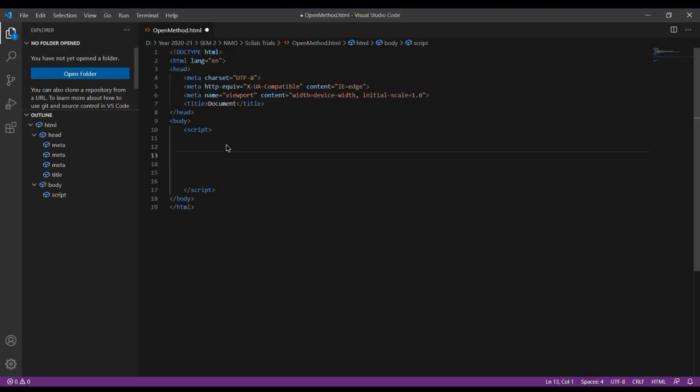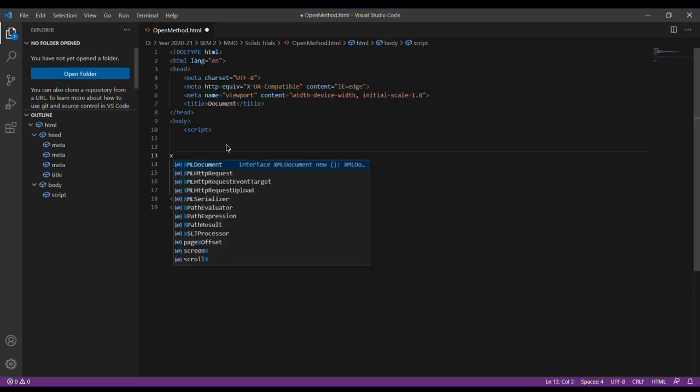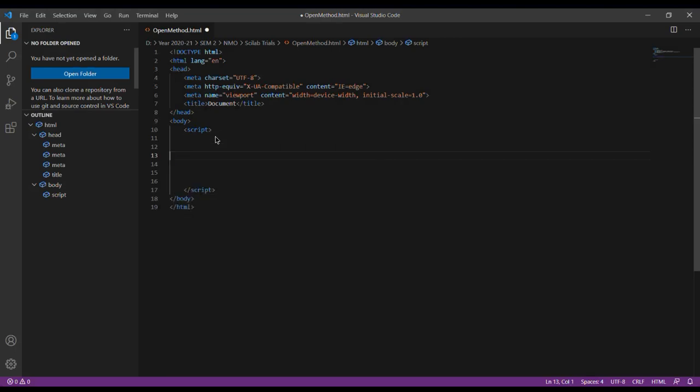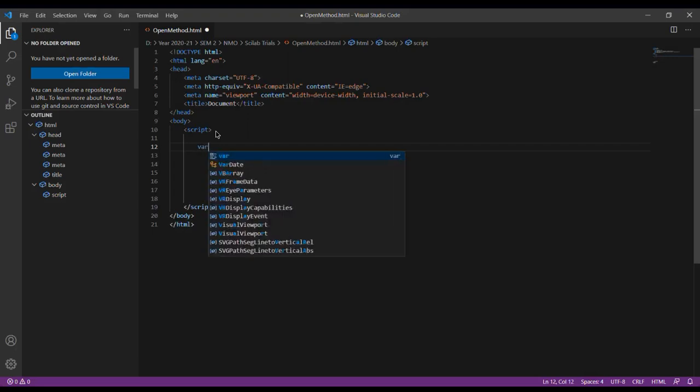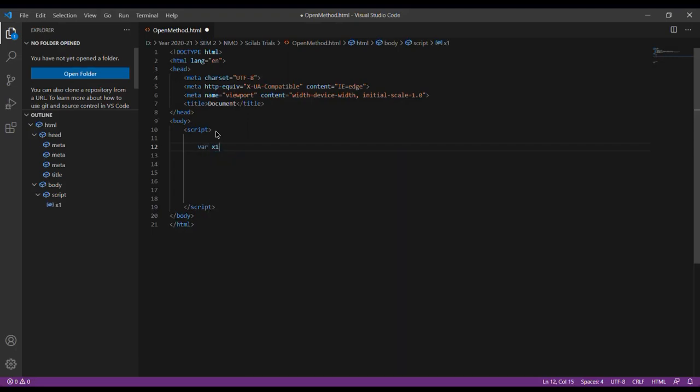So you can write down var x1 equal to, plus prompt. Am I in the script? Yeah, var x1 equal to plus prompt.